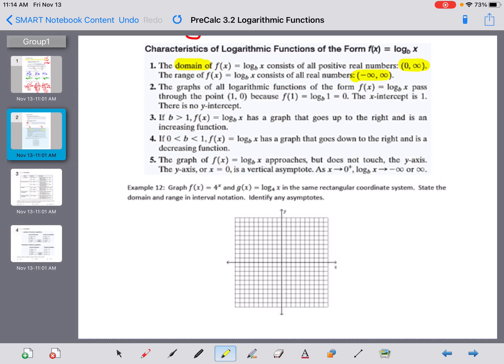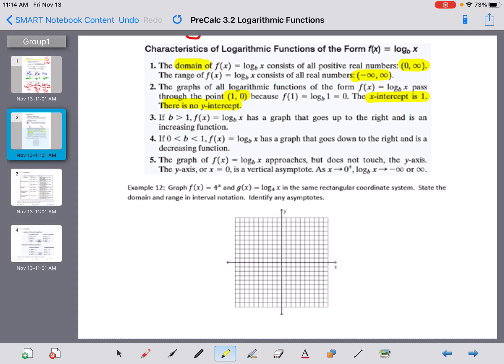So remember too, we used to always go through the point 0, 1 on the exponential function. It's a flip-flop. We now go through the point 1, 0 with our parent functions, okay? So we go through the point 1, 0, which means now we don't have a y-intercept, but we have an x-intercept of 1. All of those features from our exponential function just flip-flop from our x's to our y's, okay?